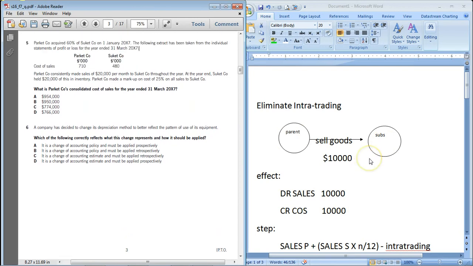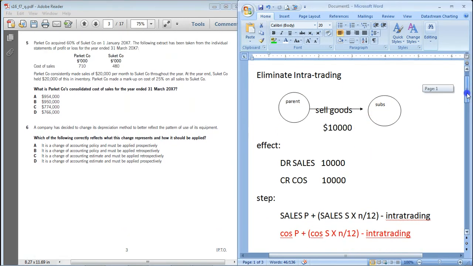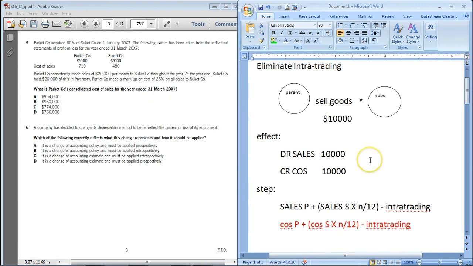I give an example of the steps after you consolidate. What I mean by consolidate is parents plus subsidiaries. For example, sales of parents plus sales of subsidiaries. But you have to see as well when the parent acquired the subsidiaries, because you only consolidate the subsidiaries starting from when you acquired them until the end of the year, which means you have to apportion it.